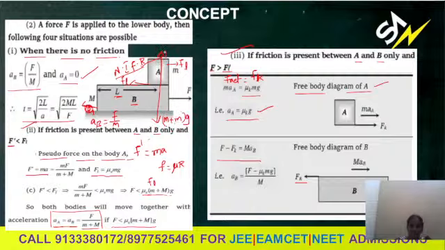It is balanced with m plus m into g. So the limiting friction value is mu into m plus m into g. This is the case where the applied force is on the lower body. Three cases are possible: when there is no friction, when there is friction between A and B and F is less than FL, and friction between A and B only with F greater than FL.